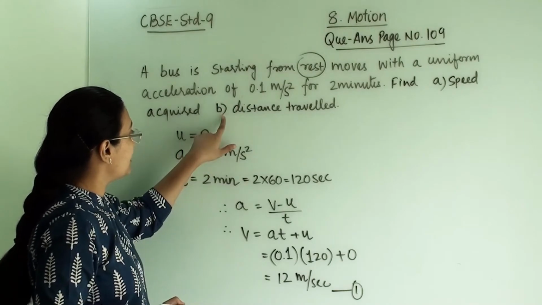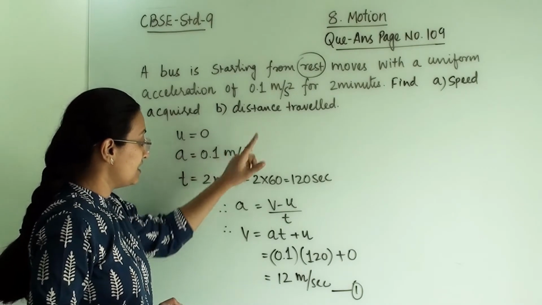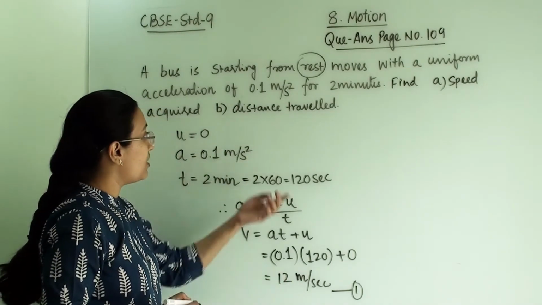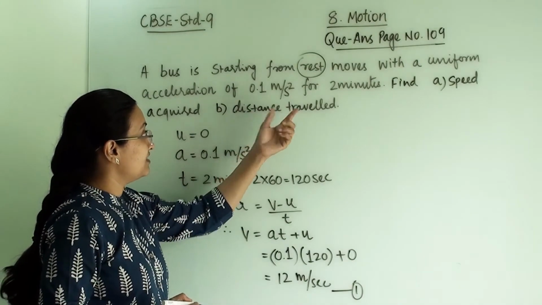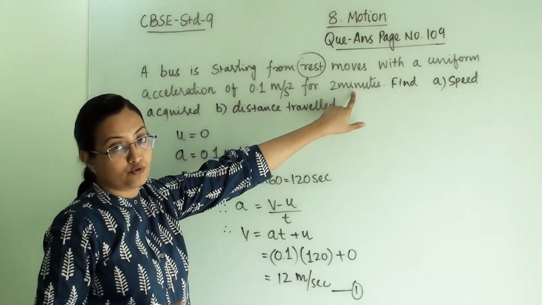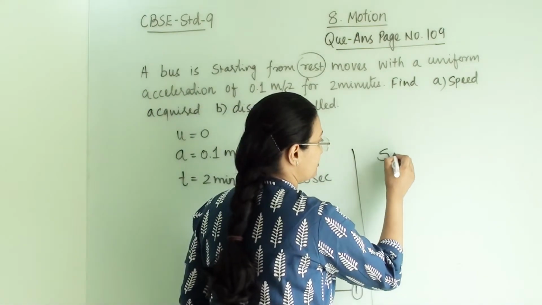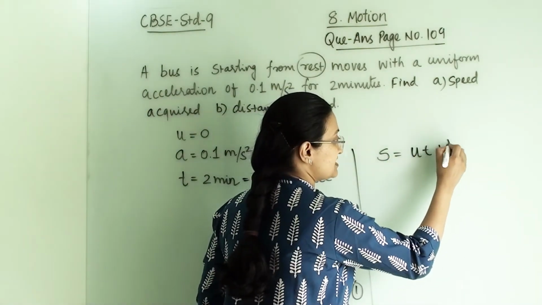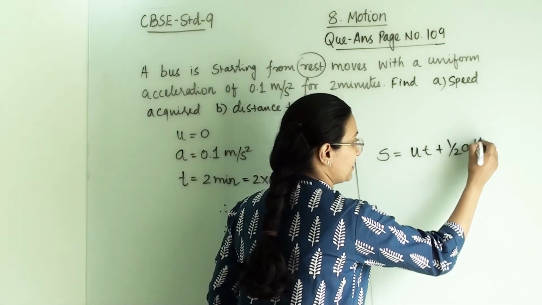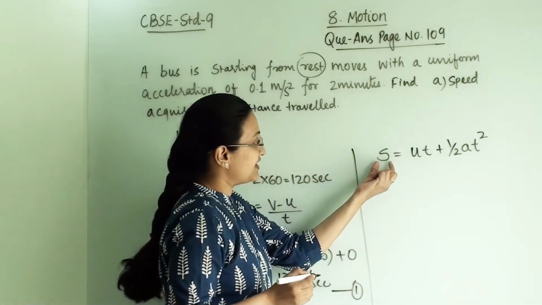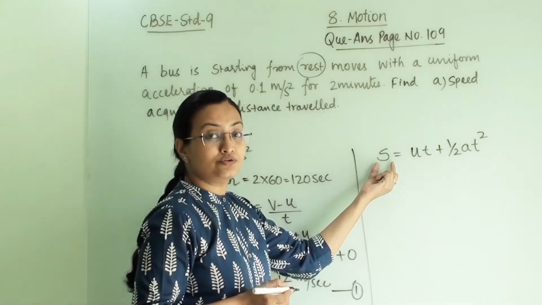Now we have to find the second thing, the distance travelled. With this much speed, how much distance will it travel, and for what time period? For 2 minutes. We know the equation s equals ut plus 1/2 at square. With this we can find the distance; s denotes distance.